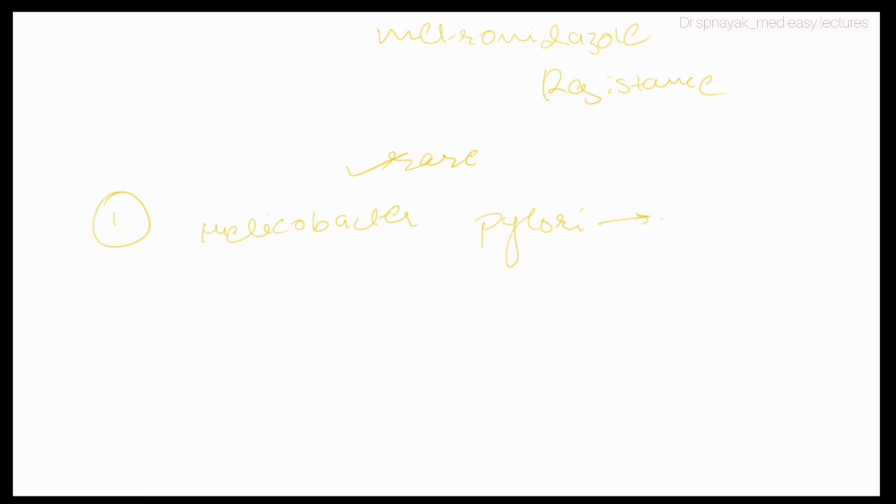The researchers have found that around 30% of Helicobacter pylori are resistant to metronidazole. And second is Trichomonas vaginalis, which is responsible for certain vaginal infections in females. So these two microorganisms are resistant to metronidazole.